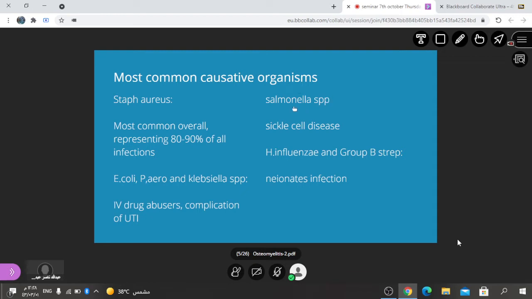Salmonella is very common to be seen in sickle cell disease. And when we come to Haemophilus influenzae and Group B strep, they are seen in neonatal osteomyelitis. This may help us in deciding on the individual therapy and in the management itself.